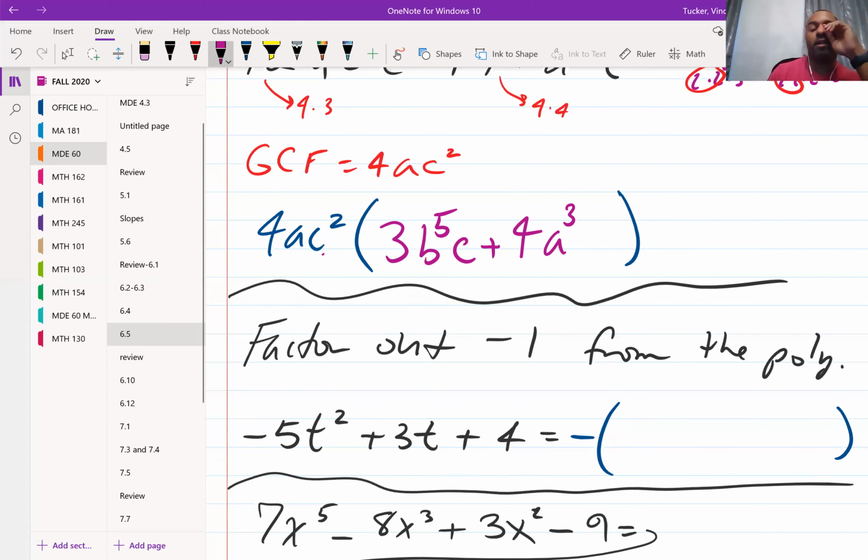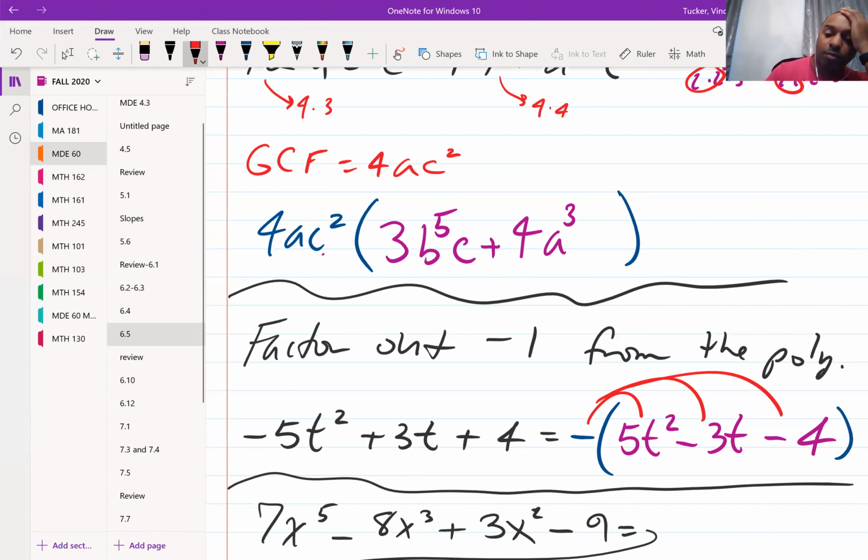That just means that every term in the parentheses will now have an opposite sign than what it originally had. So that's -5t squared, which means it's going to be a positive 5t squared minus 3t minus 4. And that's all they want you to do, because if you were to distribute this negative into the parentheses, it would give you what you originally had.